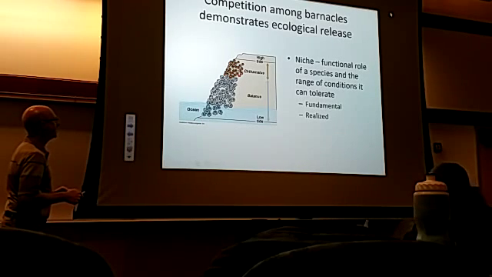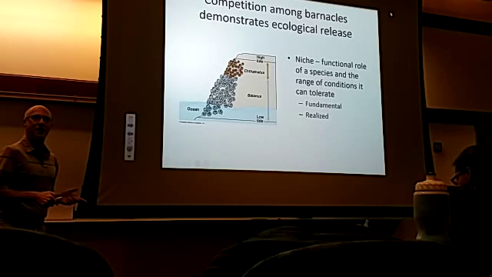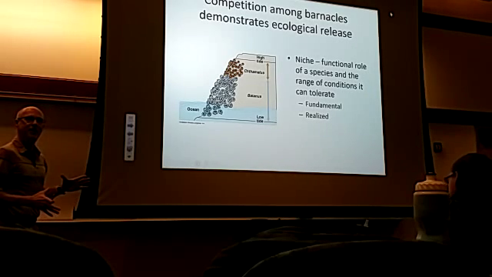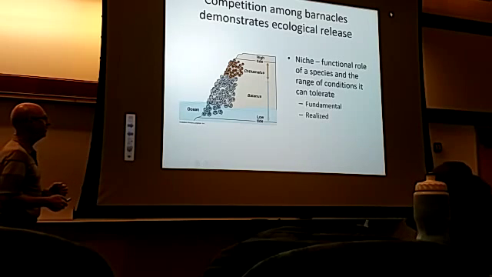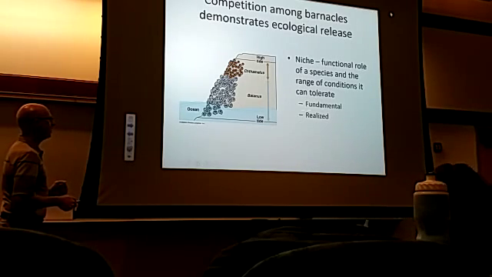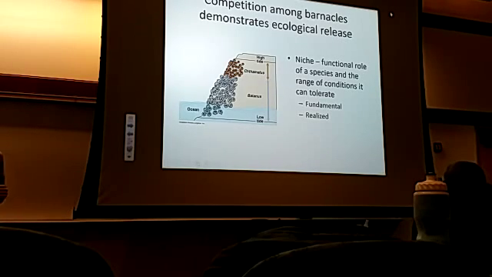If you took Balanus out here, it would expand its use of this resource over a much greater distance. But because the competitor is present, it's being constrained to a relatively small area. And that's what we call its realized niche: the way resource use changes when competitive influences are factored in.